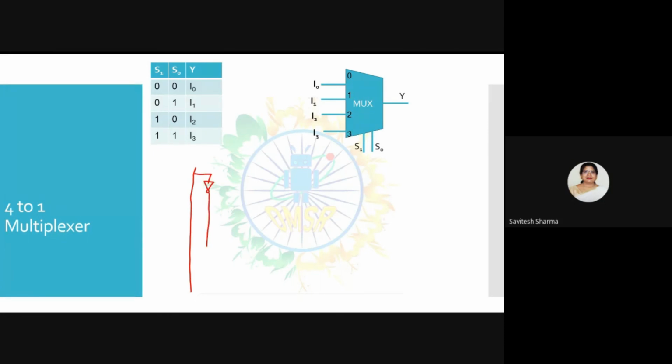So to draw the circuit neatly, you follow these steps. You generate S0 and S1 complement and true signals.